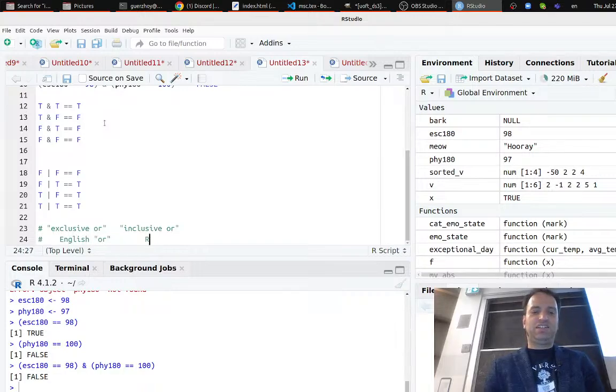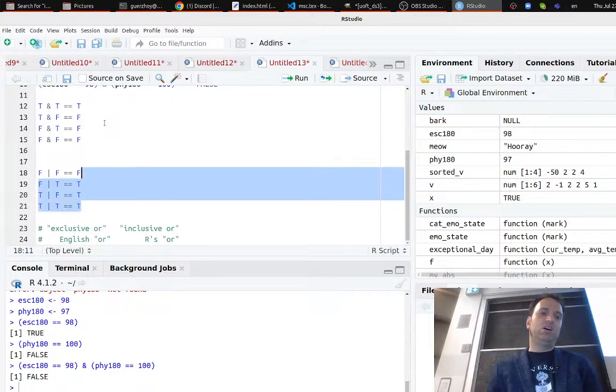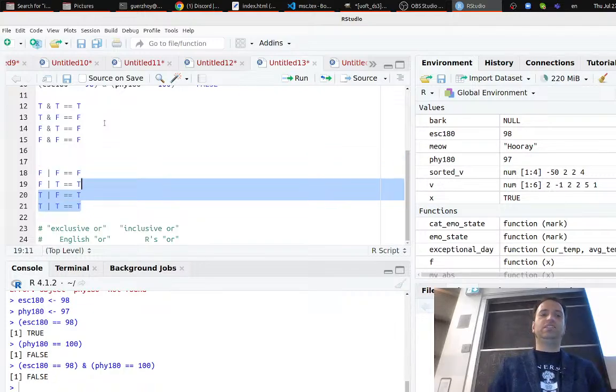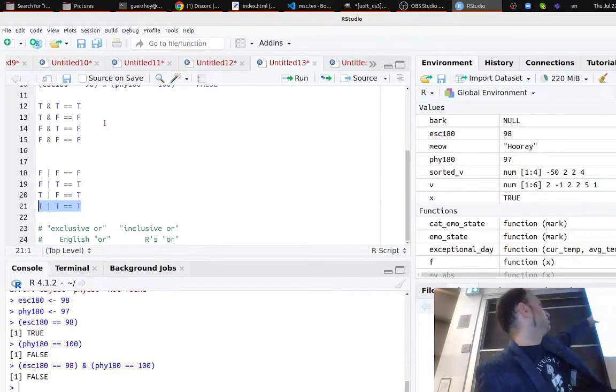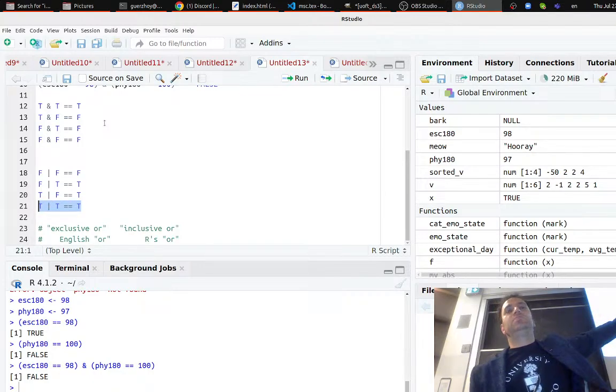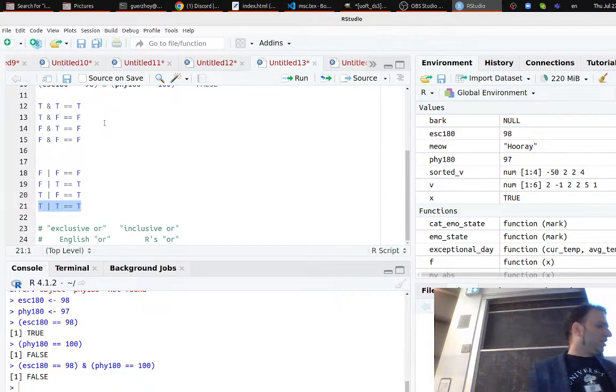And this is R's OR, the non-exclusive OR. So this is saying if the left operand and the right operand are both true, then the whole thing is true as well. That's the only real difference between English and R, this particular case.